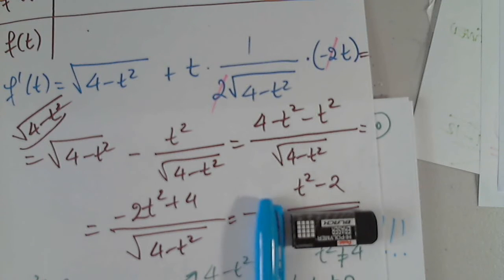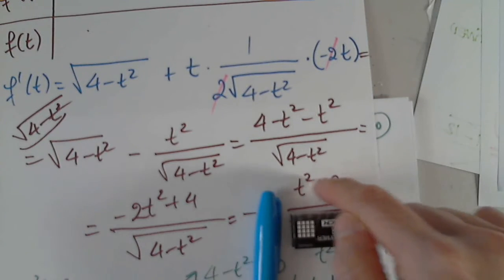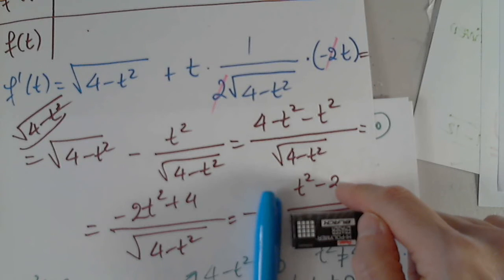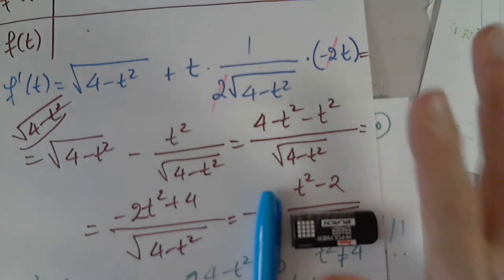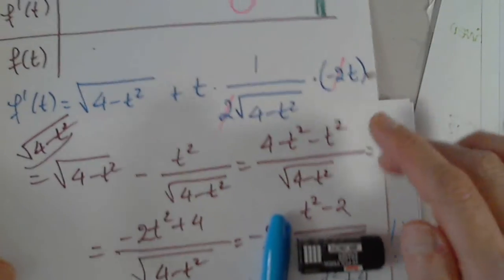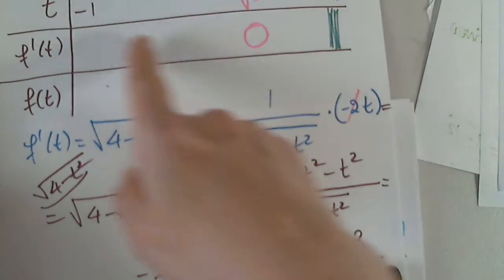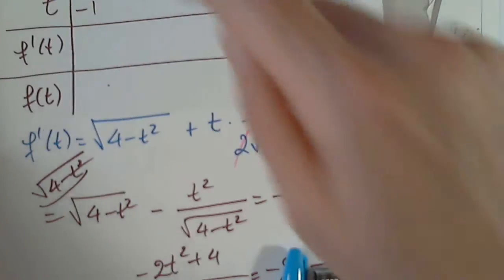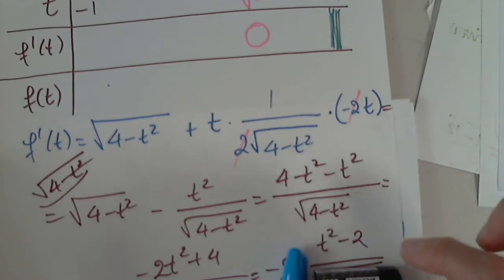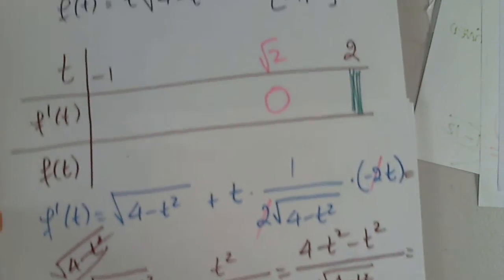I also notice that the 2 will not affect the sign. So the sign will be given only by negative t squared plus 2. Negative t squared plus 2. Okay. So I know that between negative 1 and the square root of 2 I have 0. I'm going to plug in 0. 0 here, negative 2 times negative 1 is positive.